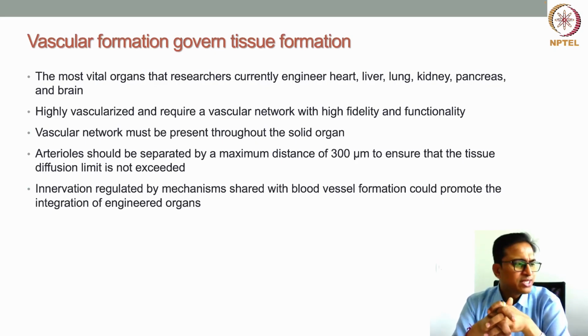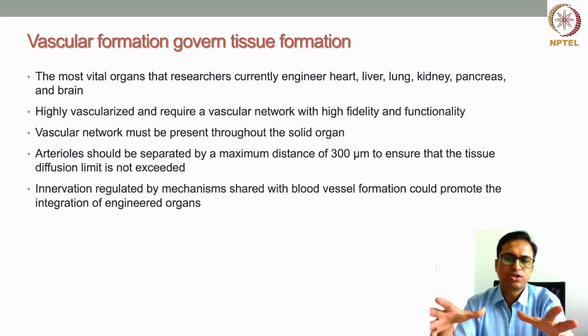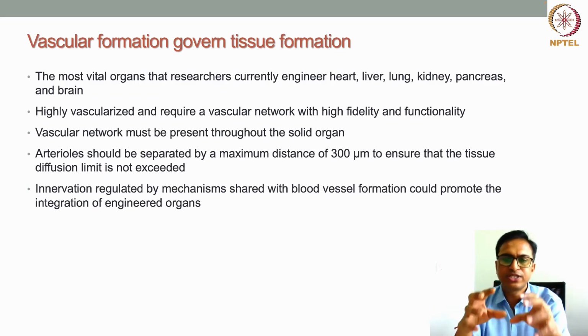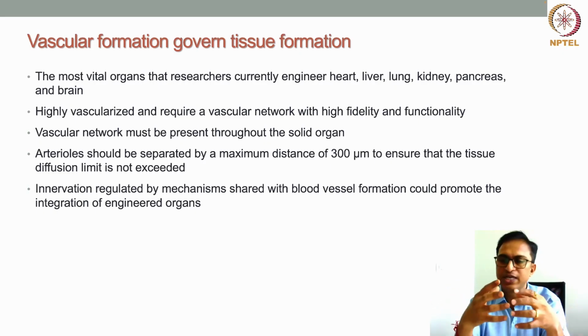Another most important thing is that in solid organs, vascular tissue is present throughout. That means each and every cell in that tissue gets nutrition and oxygen from the nearby blood vessels, mostly the capillary structure present within that tissue bed.